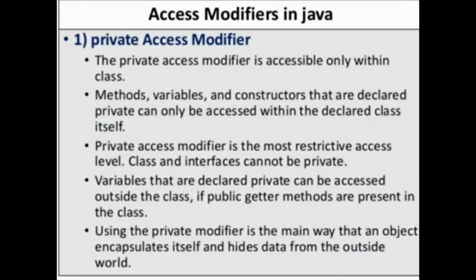Class and interface cannot be private. Variables that are declared private can be accessed outside the class if public getter methods are present in the class. Using the private modifier is the main way that an object encapsulates itself and hides data from the outside world.